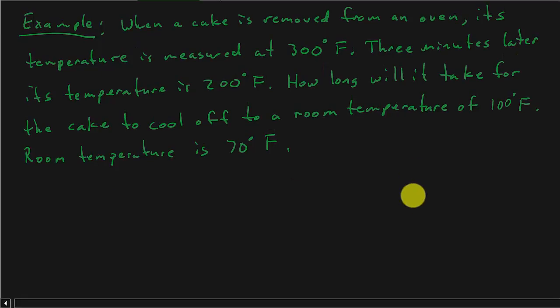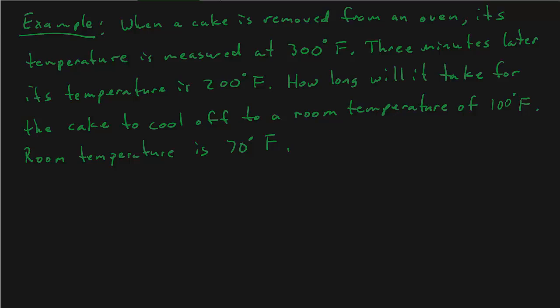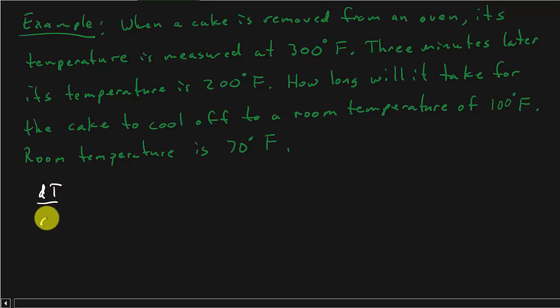All right, so we have, oops, let me change colors. We've got dT/dt is equal to K times (T minus T sub m). And we know here that T sub m is 70.